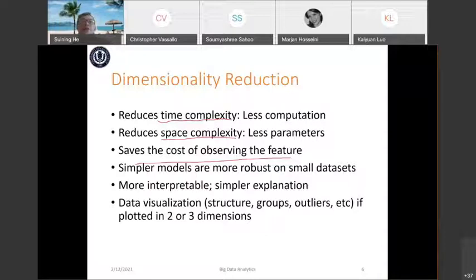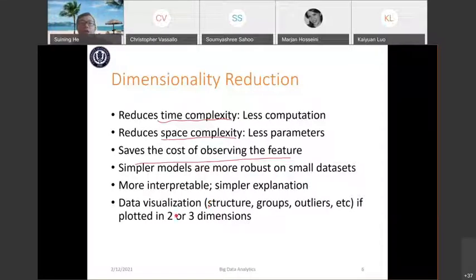And using simpler models will sometimes be more robust on small data sets. And it is easier for us to visualize. Say if we are using 2D to describe the data point, it will be easier for us to interpret the result of the data set, and it will also lead to simpler explanations.